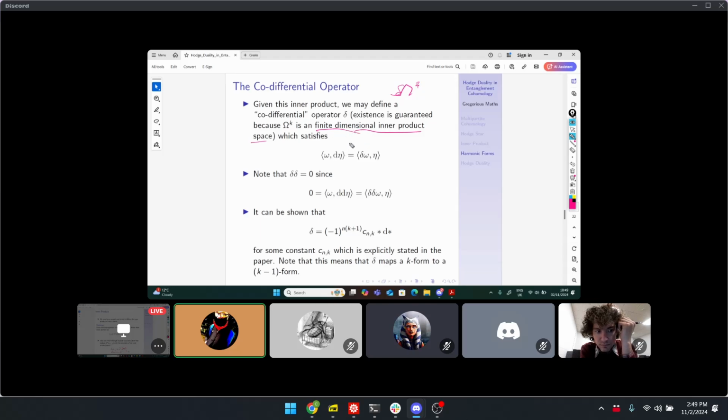we can define an adjoint operator, delta, to our differential d, which satisfies the property that the inner product of omega and d eta is the same thing as doing delta on omega and then inner producting that with eta. And for those of you who studied category theory, this looks exactly the same as the definition of an adjoint functor.